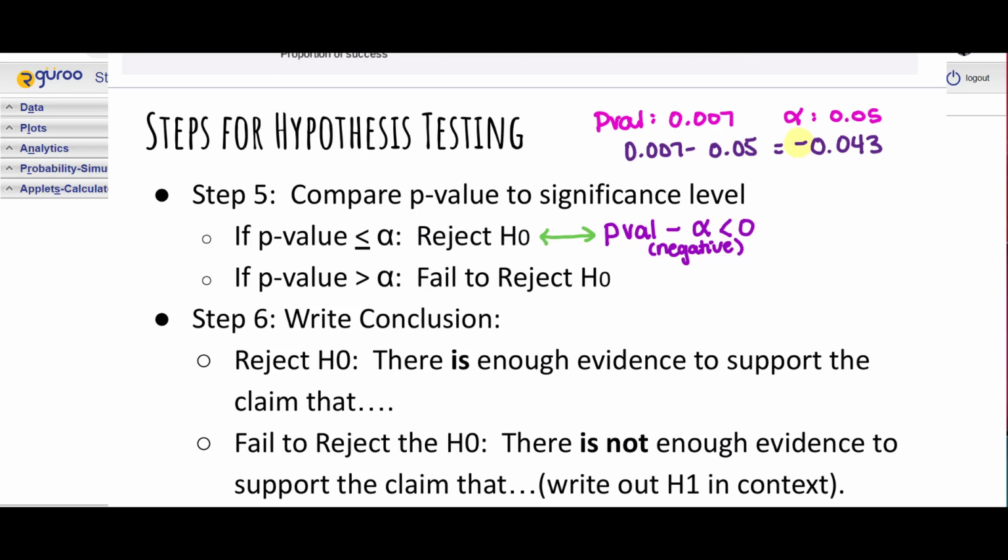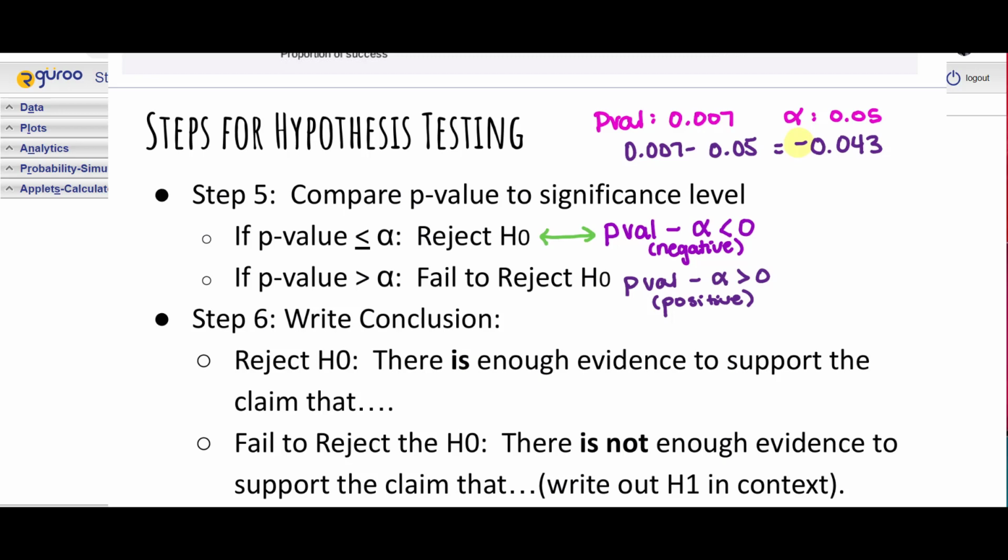Now, if your p-value minus the significance level is greater than 0, meaning it's positive, all right, in that case that means the p-value is bigger than the significance level, and you would fail to reject the null.